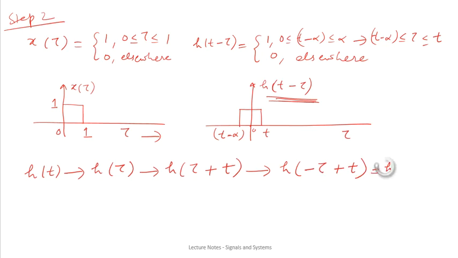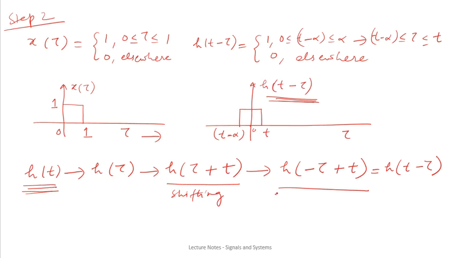So in the waveform of h(t), if you perform these operations, this is shifting, and this is time reversal or time reflection, whatever you may call it. By doing these two operations, you obtain the h(t minus tau) waveform, which will be this.